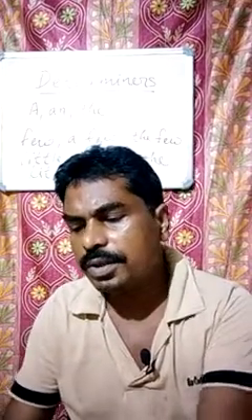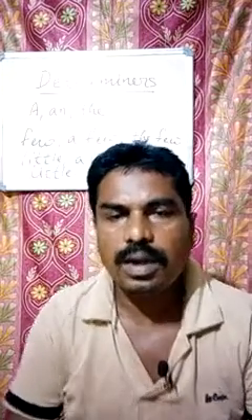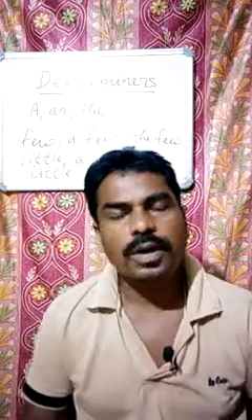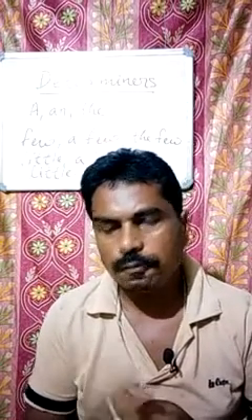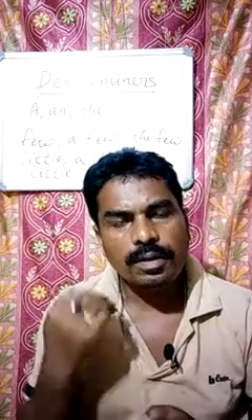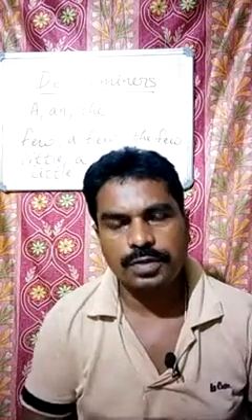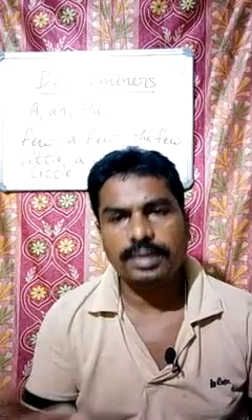There are also some determiners which can be used with both countable as well as uncountable nouns. Students, I am going to talk about the determiner few. Few is used to indicate a very small amount with countable nouns. We use it with countable nouns, and with uncountables we use little.